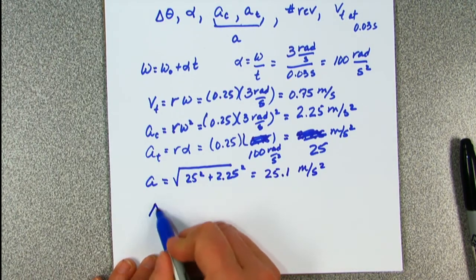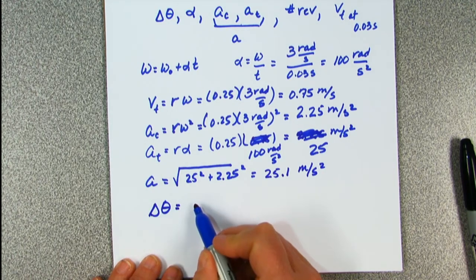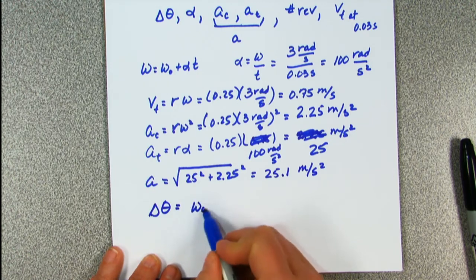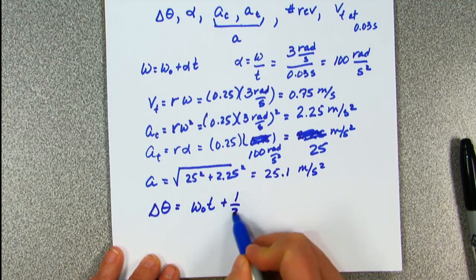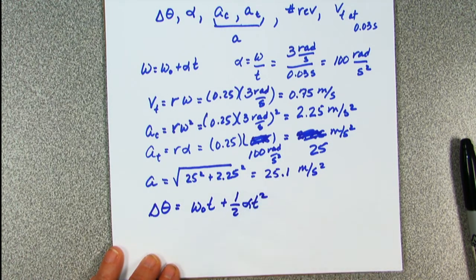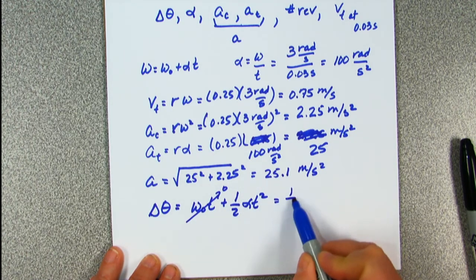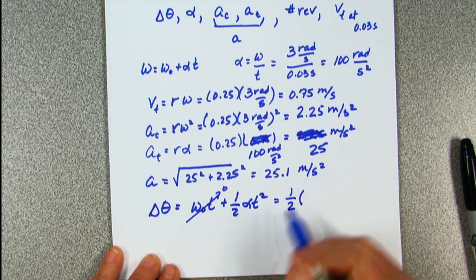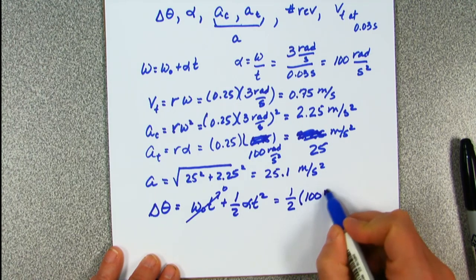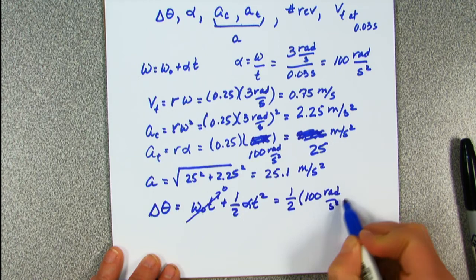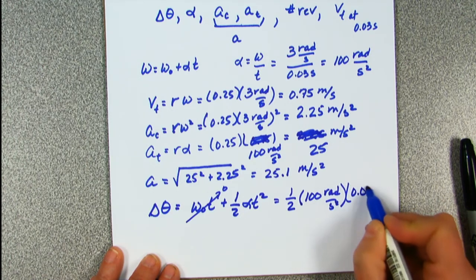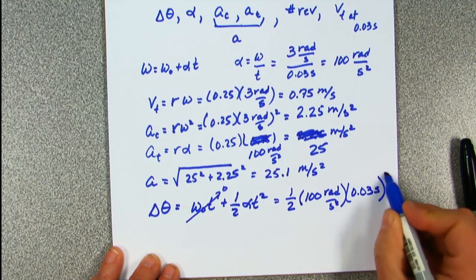My change in angle is going to be omega t plus 1/2 alpha t squared. That's 0, so it's going to be 1/2 my 100 radians per second squared times my 0.03 seconds squared.